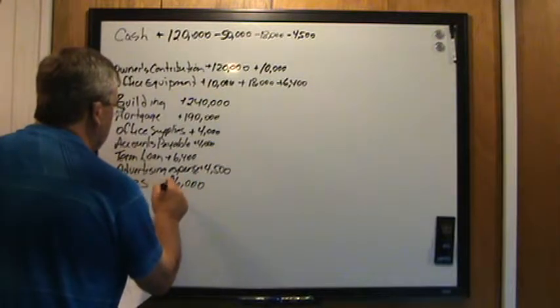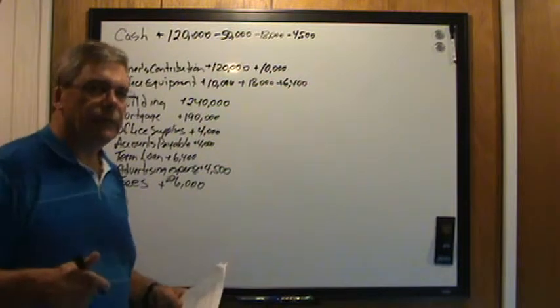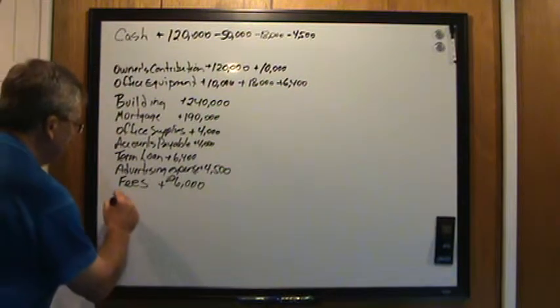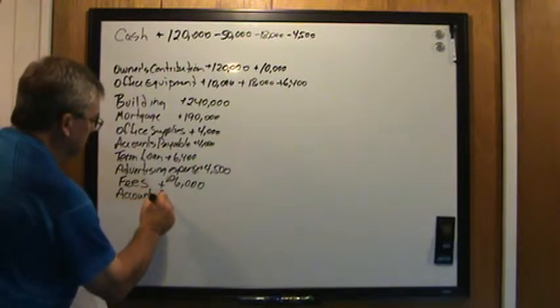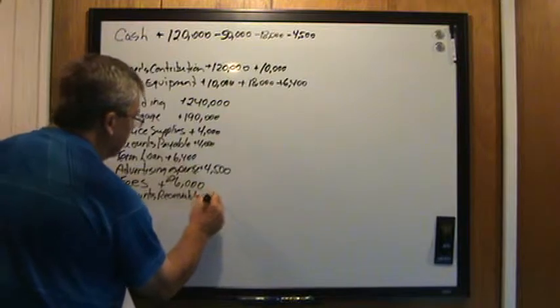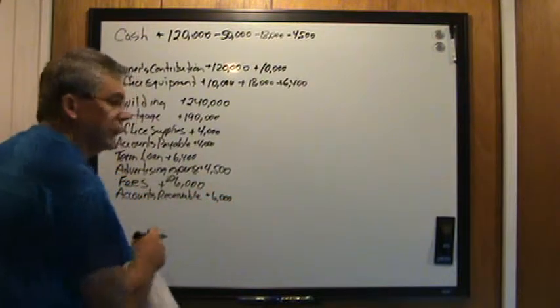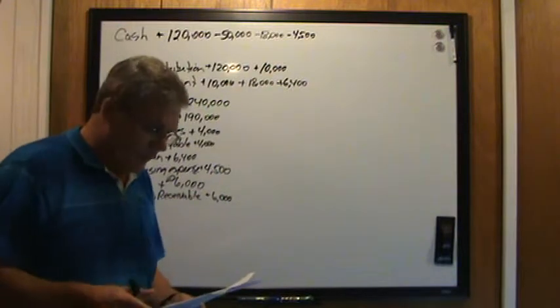Now we've done our work on that, but we haven't been paid cash yet. So we set up an accounts receivable for 6,000 because we expect our customer to pay us in the next 2 to 3 months.